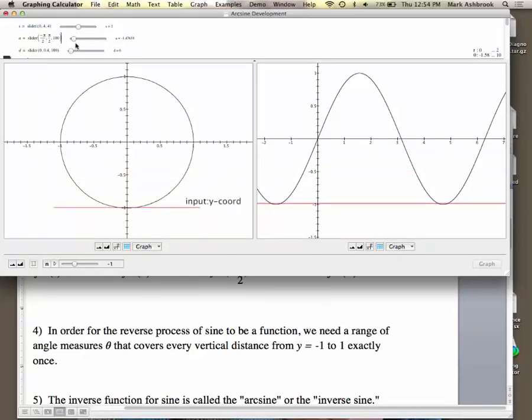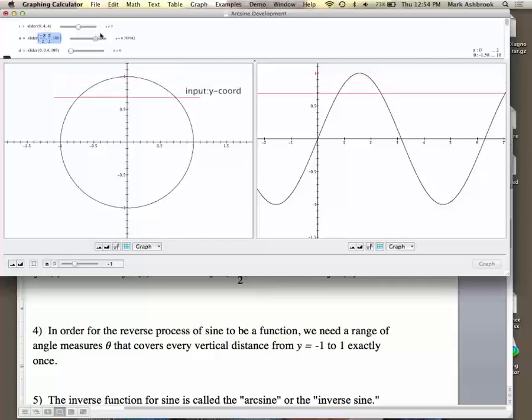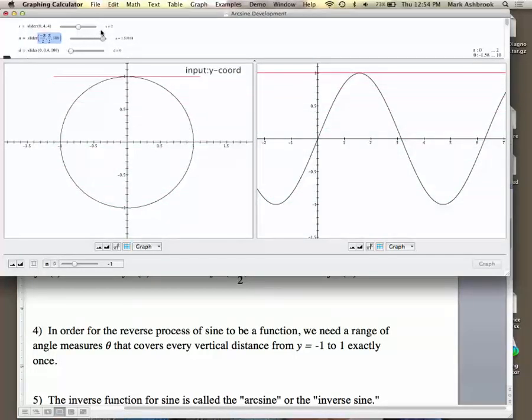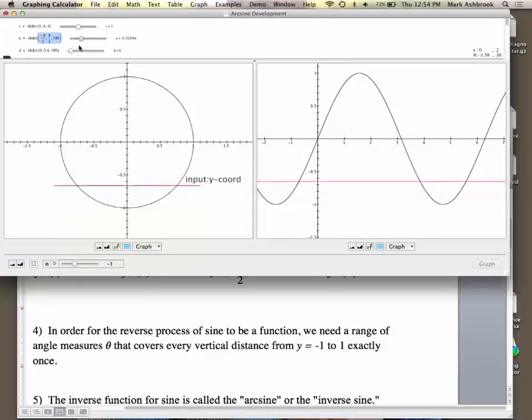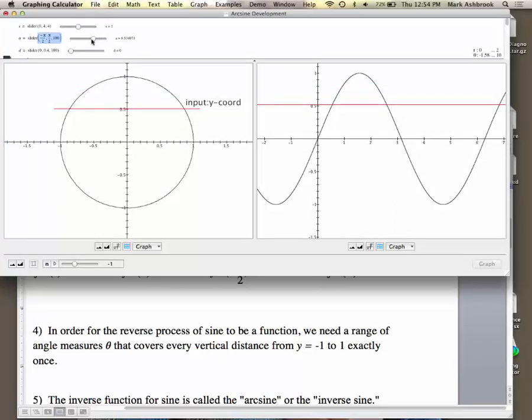Okay, so our input is our y-coordinate. So think about that input as that y-coordinate. So we need a range of angles that's going to just hit one angle for each y-coordinate from -1 to 1 that we pick. And we have to hit them all, right? So for every input value from -1 to 1, we need to just get one angle out.